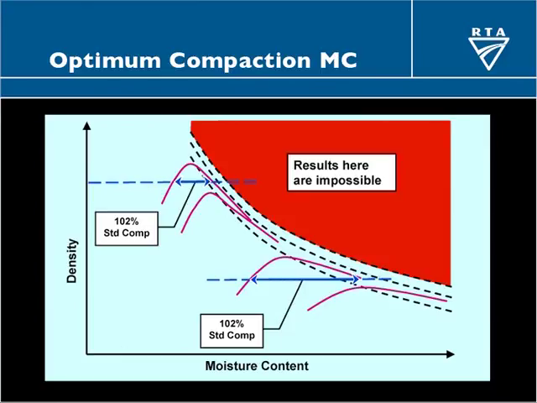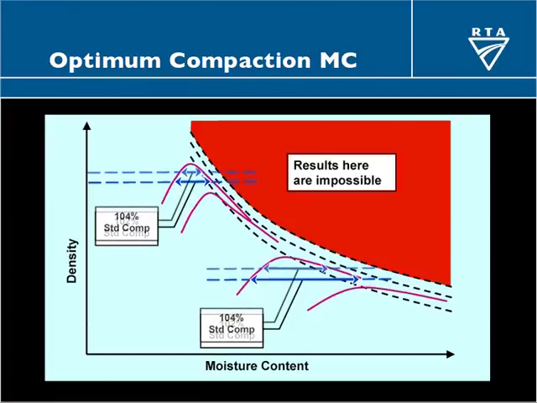But in practice, to achieve that characteristic value, because it's at the bottom end of the range of values, the average has to be higher than that. So our target for compaction is going to have to be somewhere close to, just below, maximum density for modified compaction. And at that point, we've only got a very small range of moisture contents to work with.